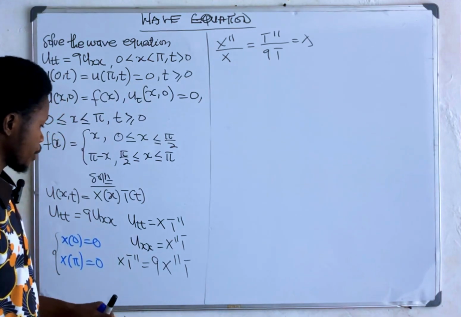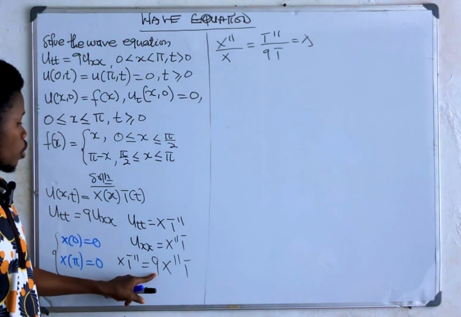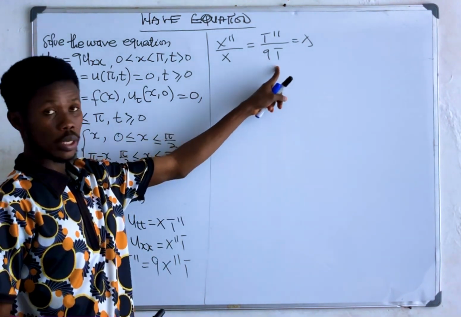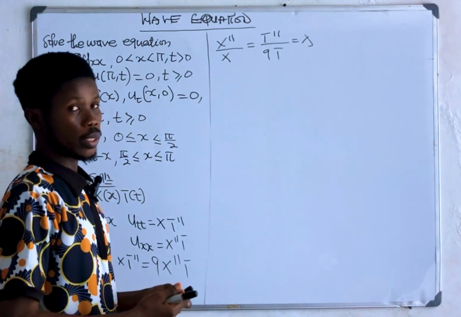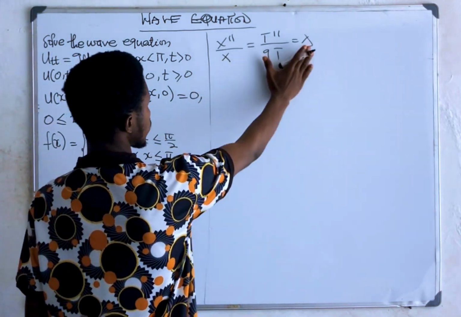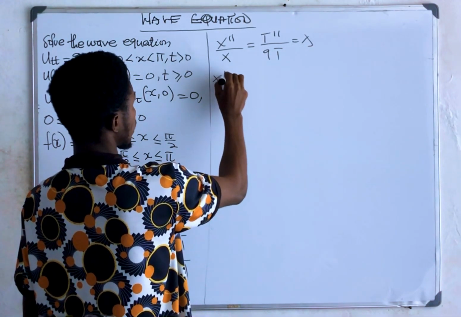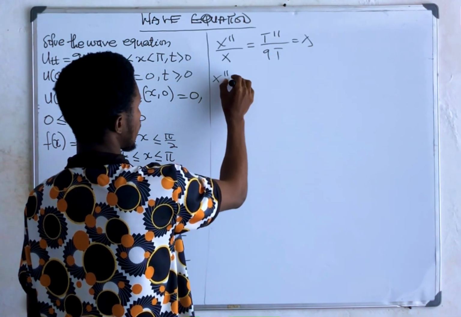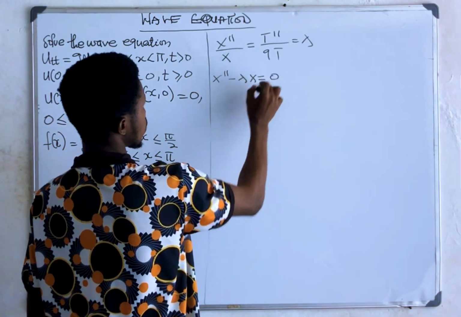Now you realize that here I'm putting the 9 where the T is. Normally, that's what I like doing. You can also put it where the X is. Now, after doing this, you take this one and equate it to lambda, and you take this one and equate it to lambda. So when you do that, you have X double prime minus lambda X is equal to 0.